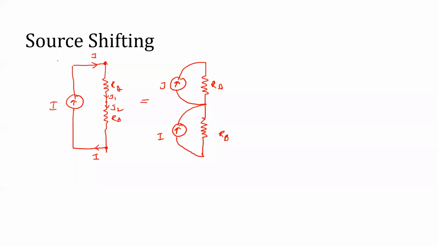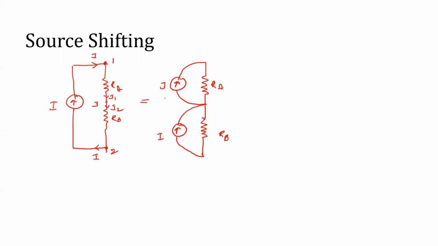We have considered three nodes here: node 1, node 2, and node 3. I repeat, at node 1, current I is entering. At node 2, current I is leaving. And I considered one more current I1. So I1 current is entering node 3, and I2 current is leaving node 3.